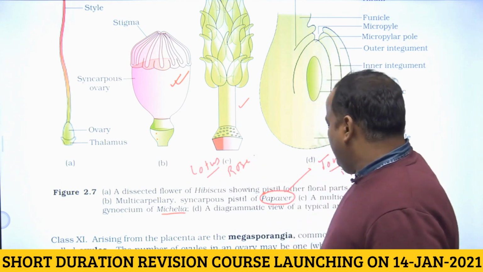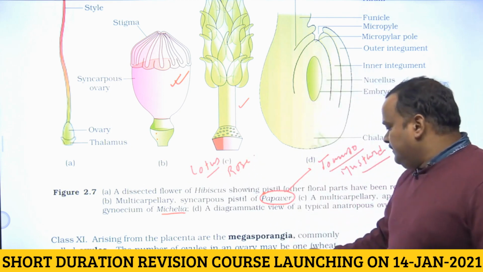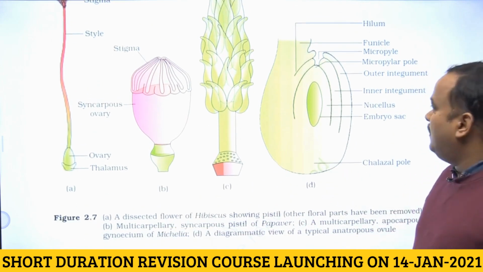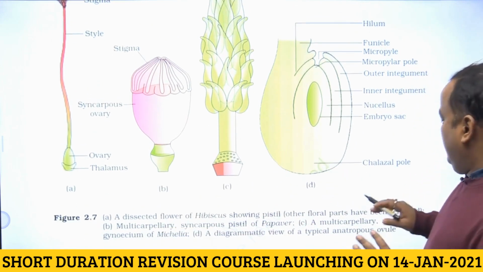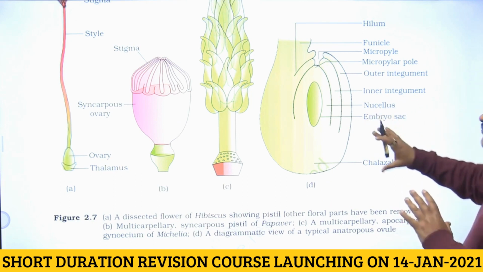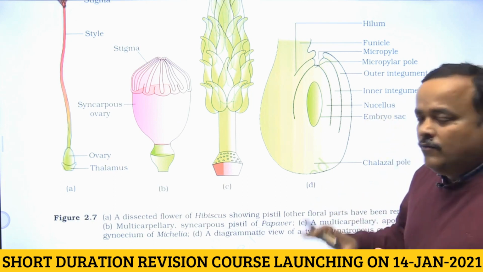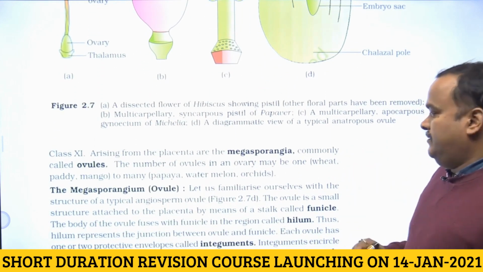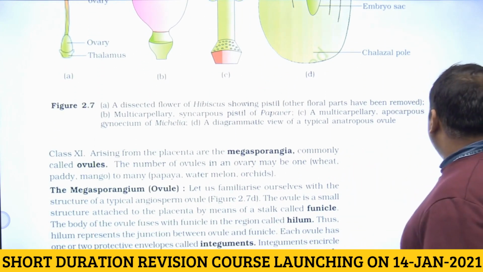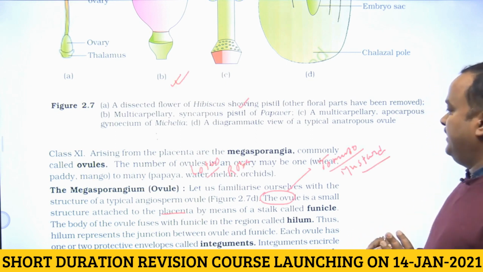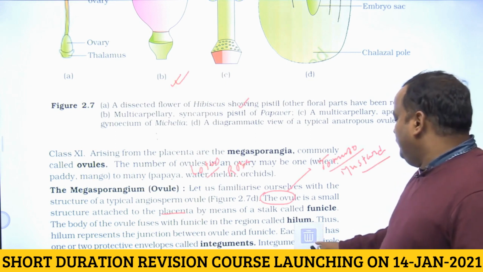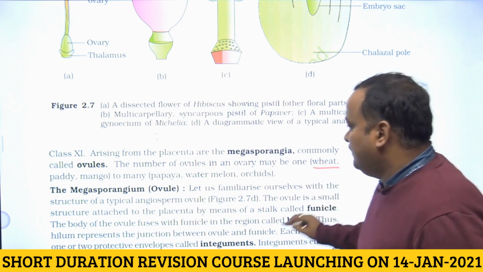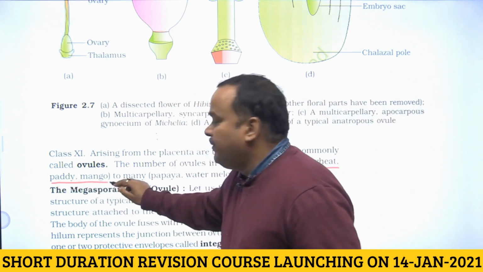Now then, this is your ovule which is present within the ovary. The number of ovules is variable within the ovary. It can be 1, as in the case of, these are very important examples, wheat, paddy and mango.